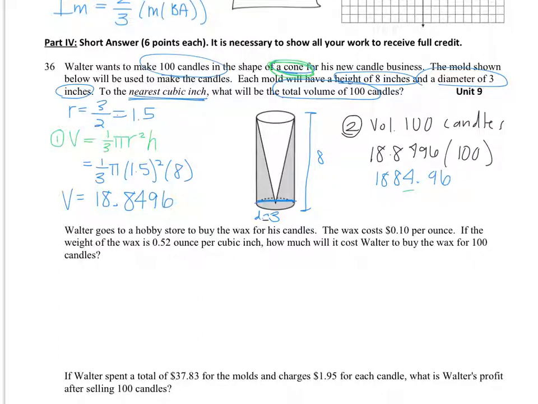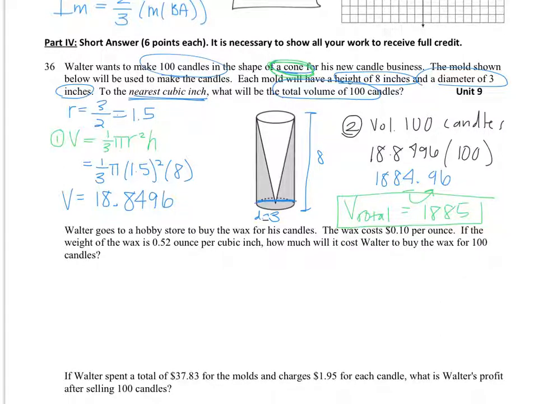Now we get to round to the nearest cubic inch, which means that the 4 looks to the 9 and becomes a 5. So the volume in total is equal to 1885. And as I said in a previous video, you do not need to put units on this. If you choose to, it is cubic inches, so inches to the 3rd power.